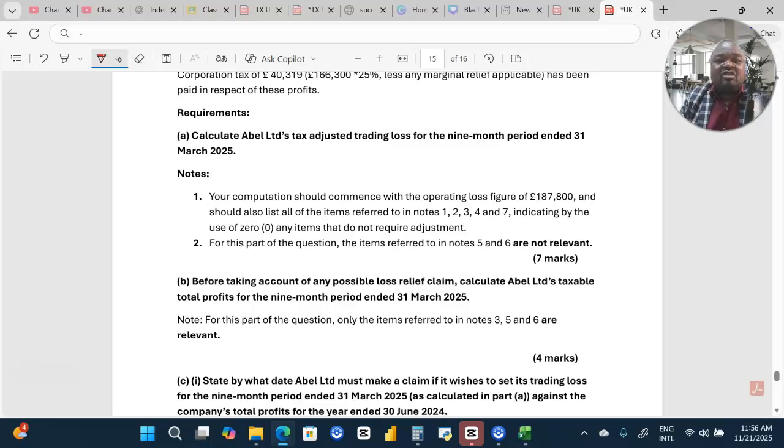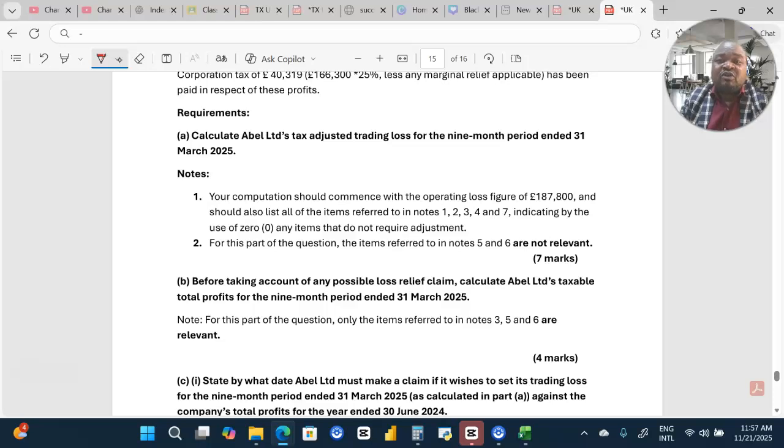Requirement A. Calculate Avio Limited's tax-adjusted trading loss for the 9-month period ended 31 March 2025. And by now, we'll now understand what a tax-adjusted trading profit or trading loss is or looks like, or how it is computed.